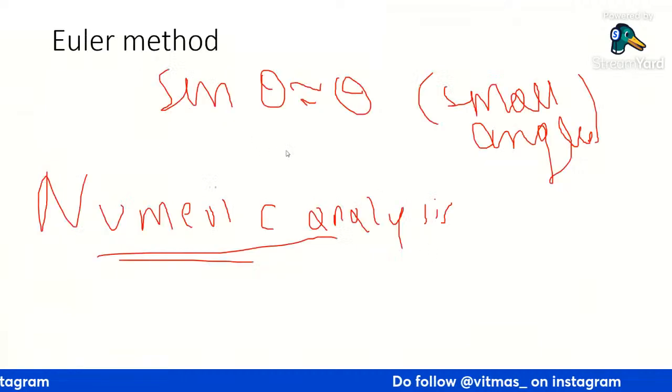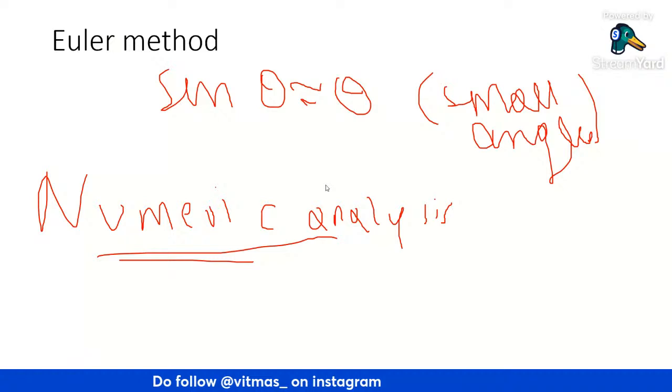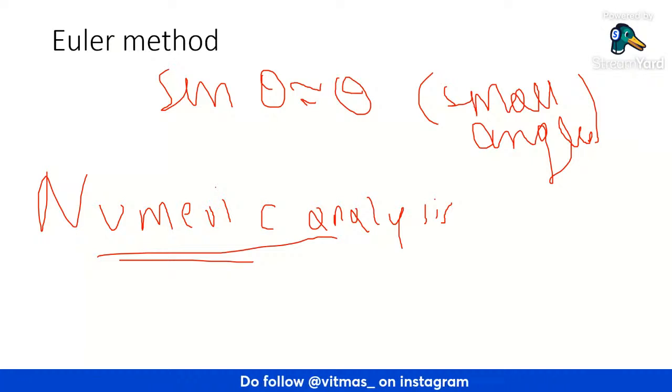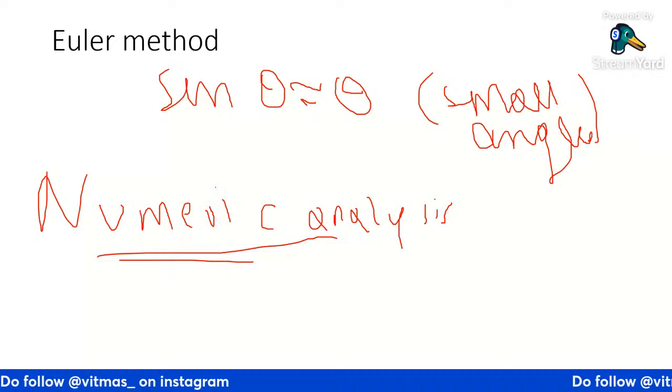So continuing on numerical analysis, I don't want you to be too bothered about the numerical analysis and all those things, because our main focus is on doing MATLAB code, right? We don't want to waste time understanding what is numerical analysis.